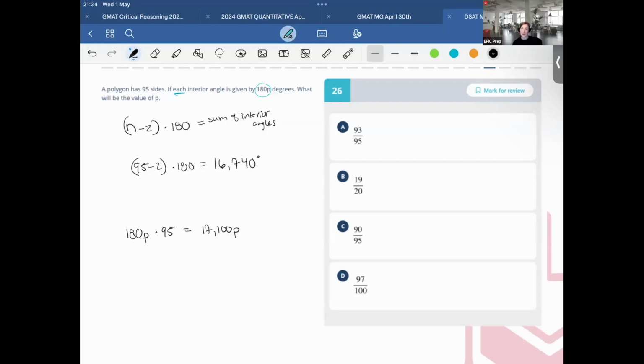Since there are 95 angles and each angle is the same, that's why I'm multiplying them together. Now I have two expressions that are equal to each other. They're both the sum of the interior angles of the polygon, and I can set these equal to each other. So let's do that.